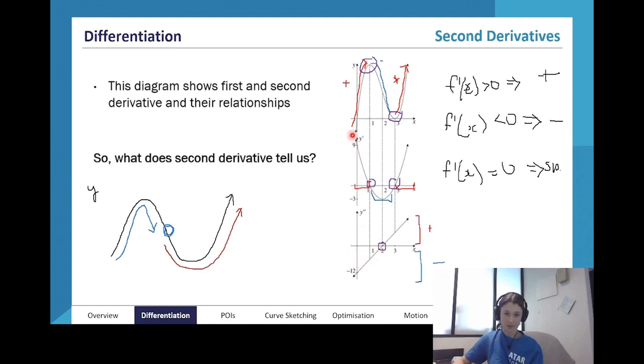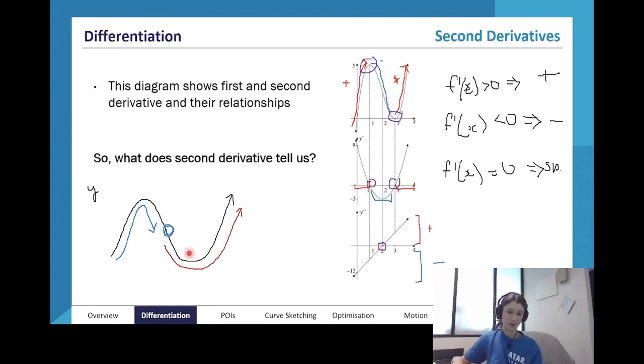In the section where the gradient is decreasing, this section in here corresponds to this section here. Then at this little dot in here, this is when the second derivative has an x-intercept. So as you can see in here, this is the point where the concavity changes, and this is when the second derivative has the x-intercept.